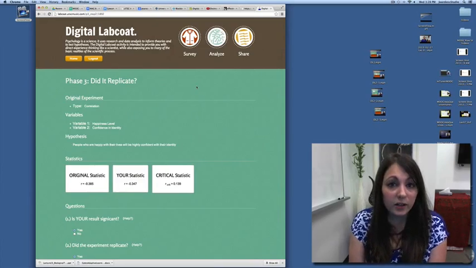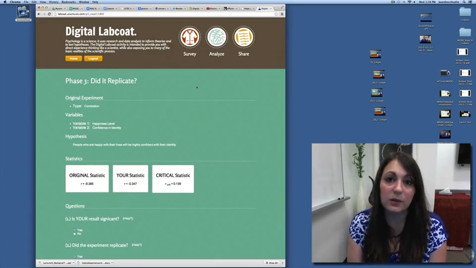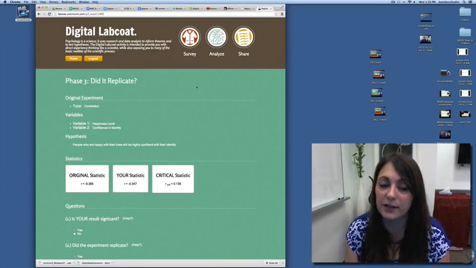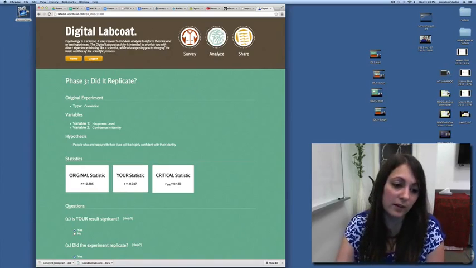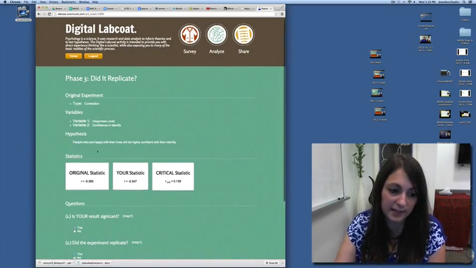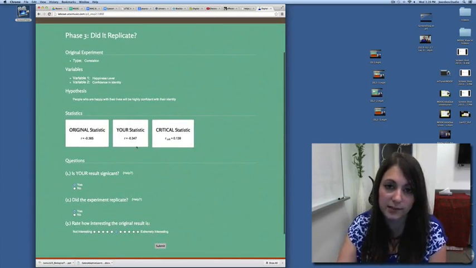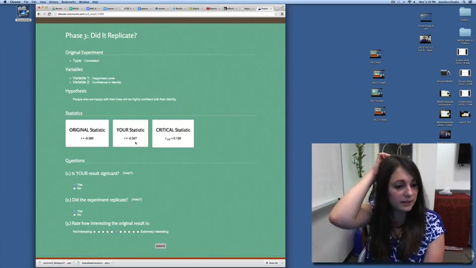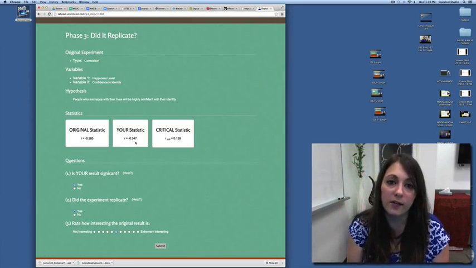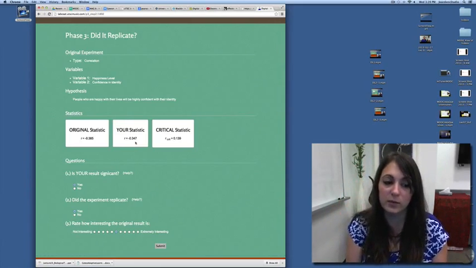So what you'll see here on this screen is the details about the original experiment and also the information about the replication that you just performed. So you'll see their variables, their hypothesis, and these are the important boxes here that you're going to use to answer the questions below. So for the original statistic, that is the R value that the original student got from their phase 2 experiment.